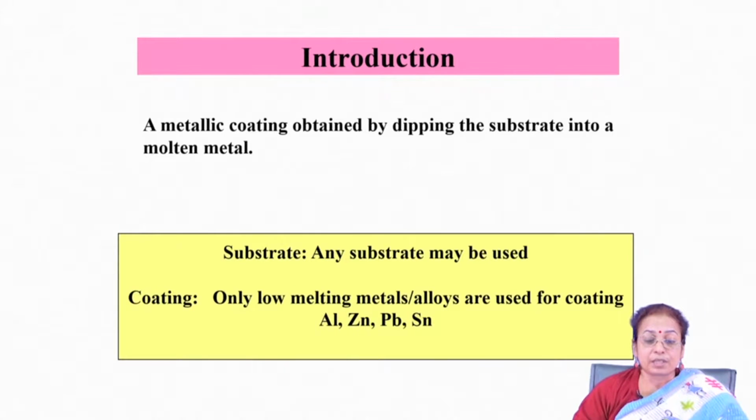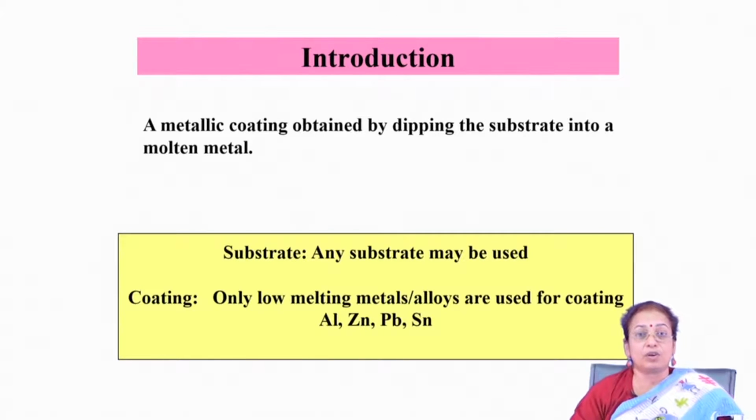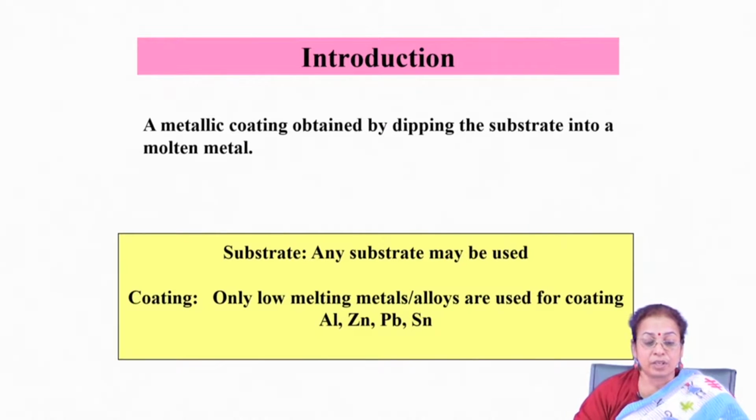Usually the substrate may be steel, alloy steel or different types of steels, or titanium and its alloys, and the coating may be anything like aluminum, zinc, lead, tin, or their alloys, which have very low melting temperatures.